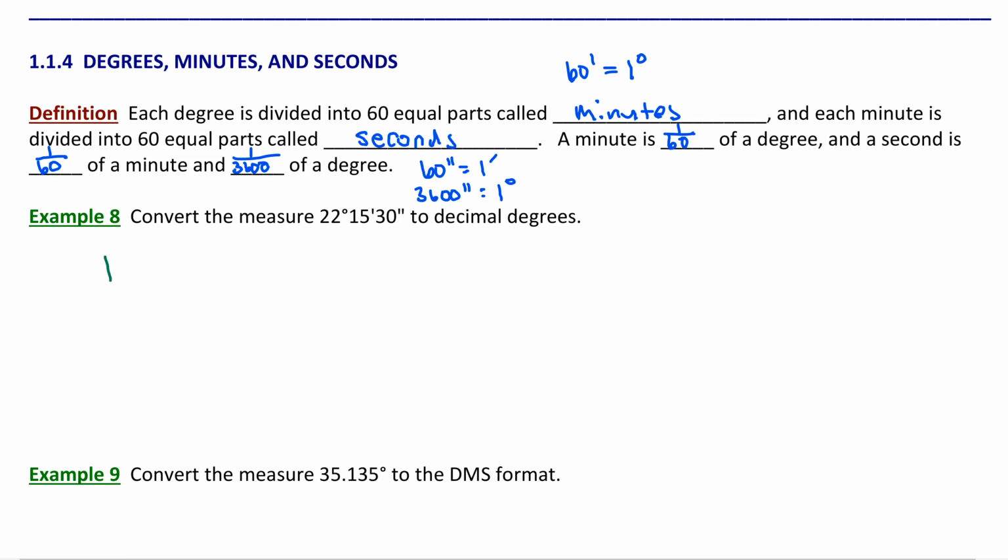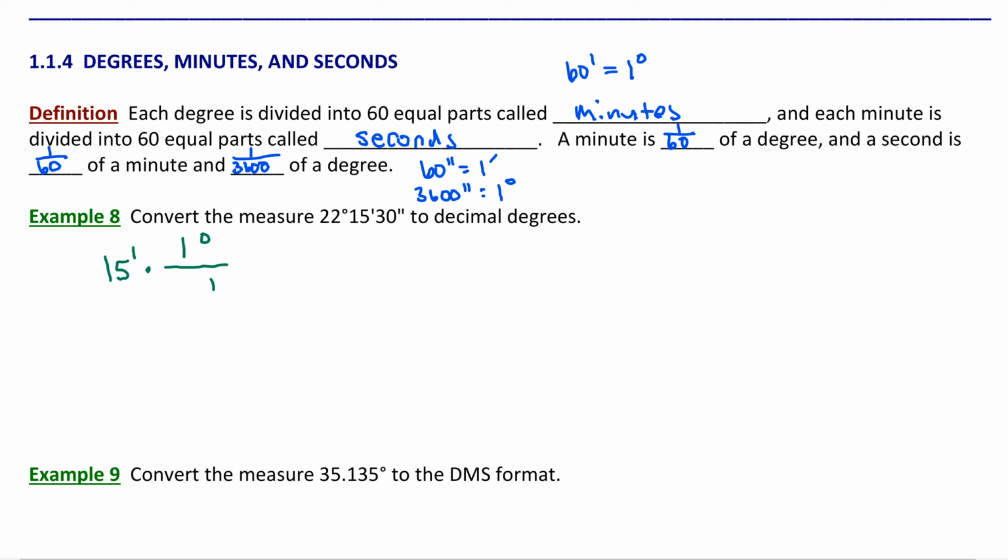So we're going to start out with 15 minutes. And I want to figure out how many degrees or what fraction of a degree is represented by 15 minutes. So what I'm going to do is use a multiple where I put what I'm trying to cancel in the denominator and what I'm trying to end up with in the numerator. So I want the units minutes on the bottom and the units degrees on the top. Then we're just going to recognize our conversion factor.